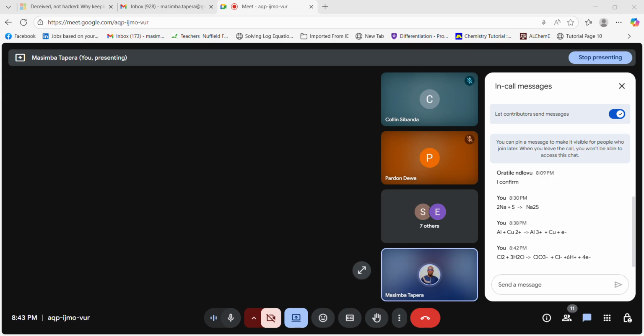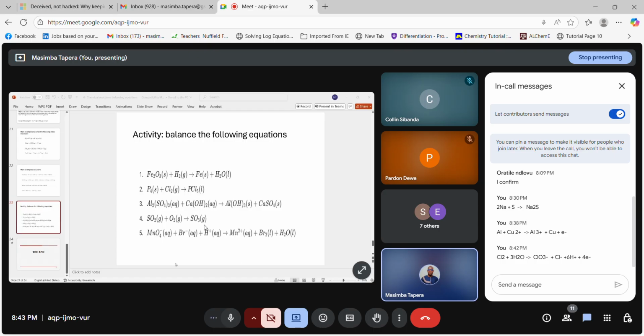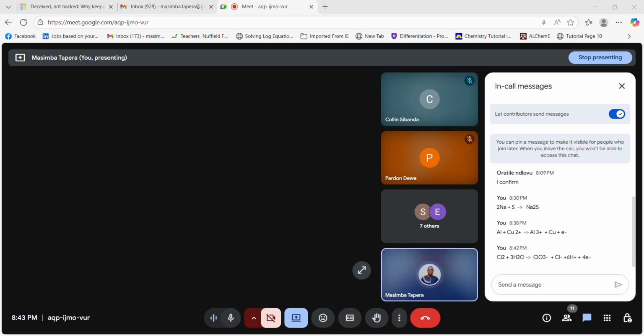We have got 5 more equations for you to balance, and there are some answers to those on the slides. You can see the answers, they are available, and that's basically on balancing chemical equations.